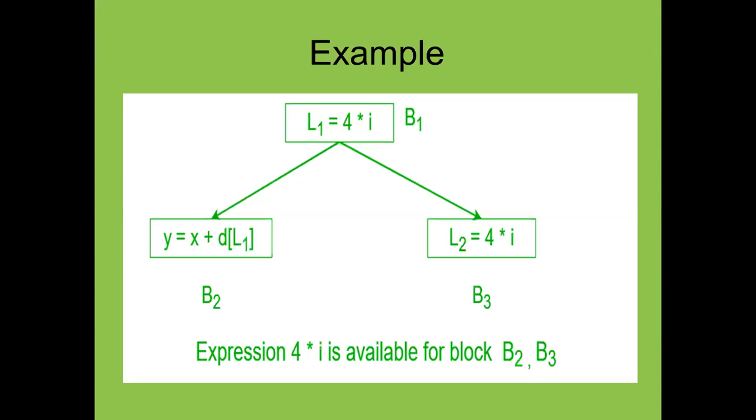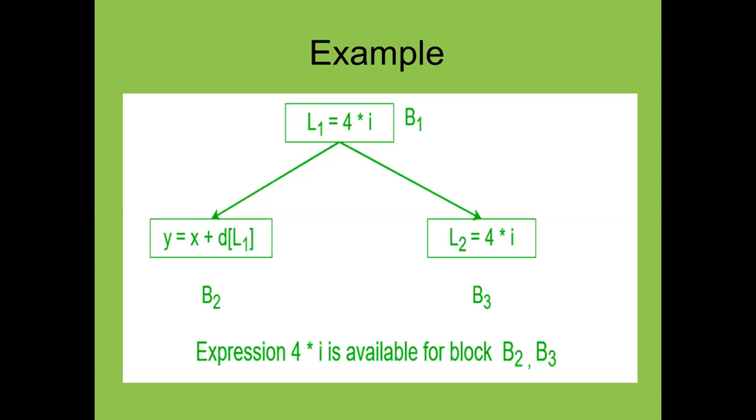Here you can say that 4 star I is common, so this is also used for common subexpression elimination. No need to write it again. If we forget about the L2 label, 4 star I is the same, so it is involved again and again.